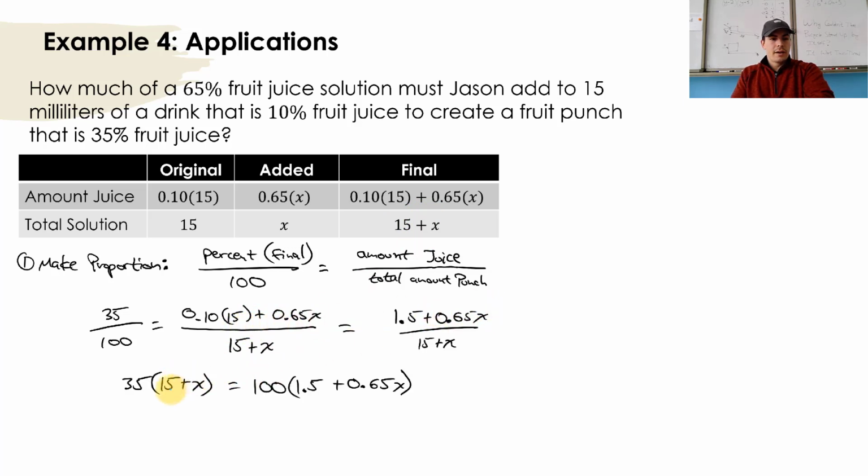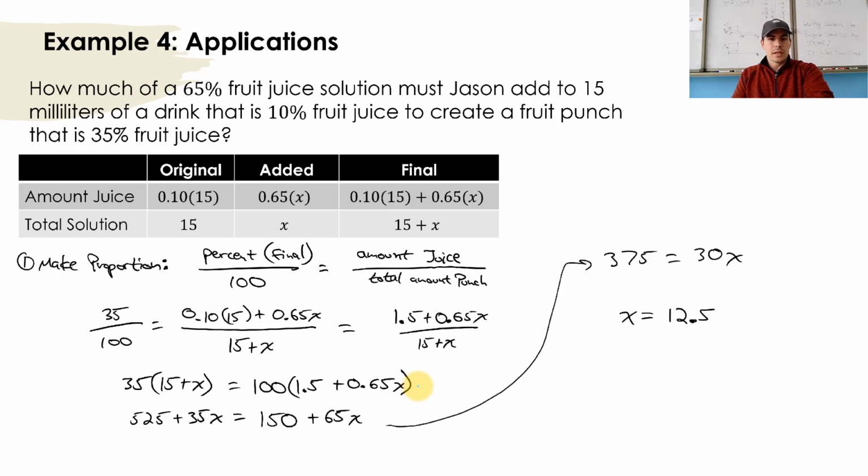And I'll have 35 times 15 plus x is equal to 100 times 1.5 plus 0.65x. We can go ahead and distribute our 100 through and start solving for x, and we'll get that x is equal to 12.5. So in the context of our answer, we are going to add 12.5 milliliters to this solution for the 35% fruit juice that we're looking for.